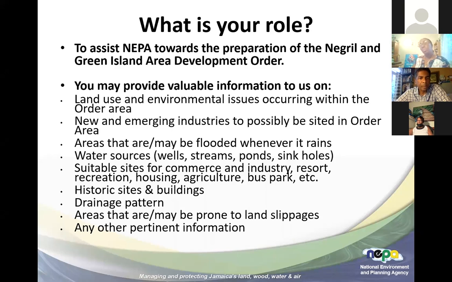So for example, if a particular lot is zoned for resort use, and a development application comes in for a commercial use, this will now be considered a deviation from the zoning, and by right, Negril is required by law to forward that development application to the Town and Country Planning Authority for determination.